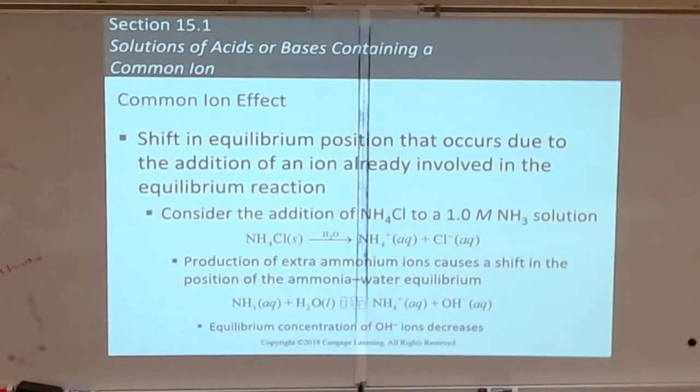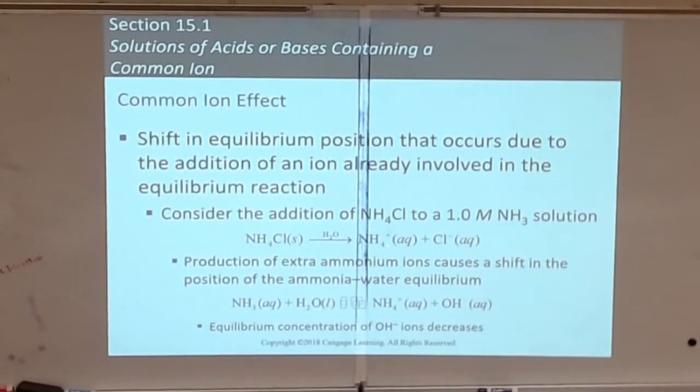All right, so I have a solution of ammonium chloride, and I have a 1 molar ammonia solution. If I add ammonium chloride to it, the production of the extra ammonium ions will cause a shift in the position of the ammonia-water equilibrium. So this is my current equilibrium.